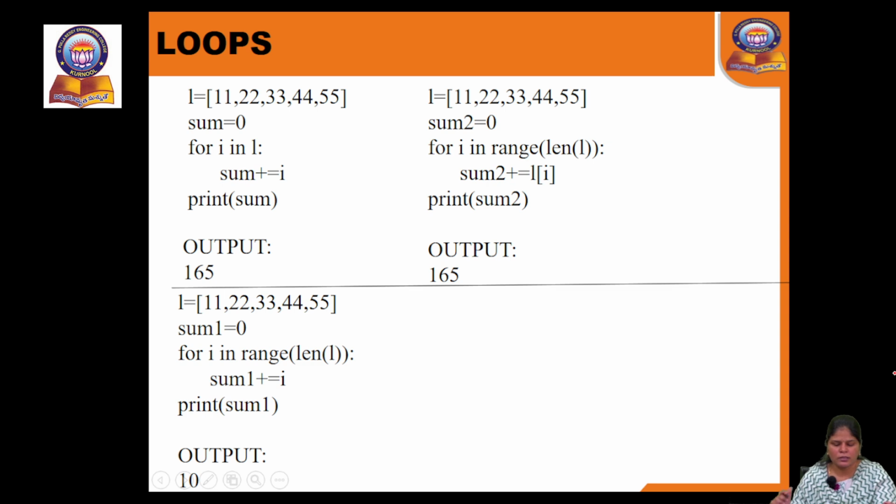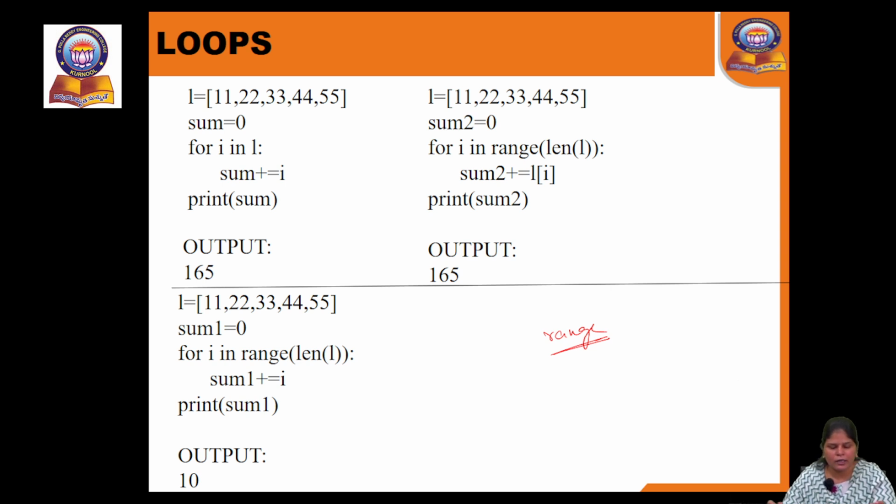So here this is a simple example using a list. Whenever you have a list, we will be checking with the membership, and there is also a possibility of using a function called the range function. Okay, so let us see.